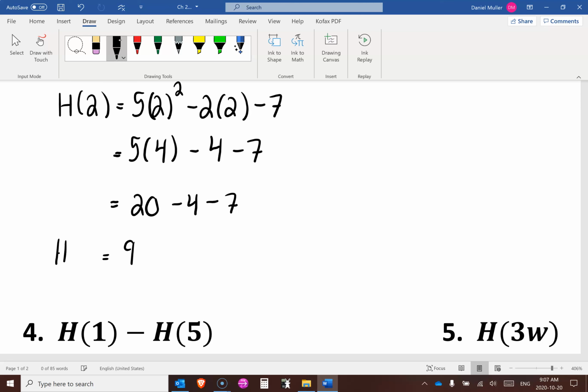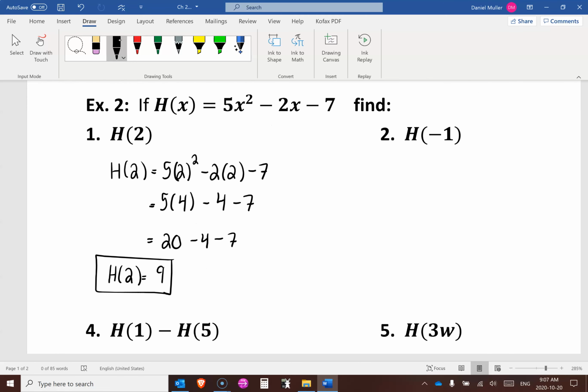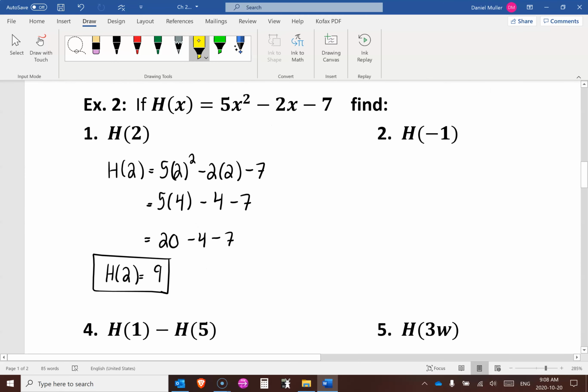So h of 2 is equal to 9. So a new equation, but it's okay. We had the input here, and so we put the input in the two spots, and then that's it.